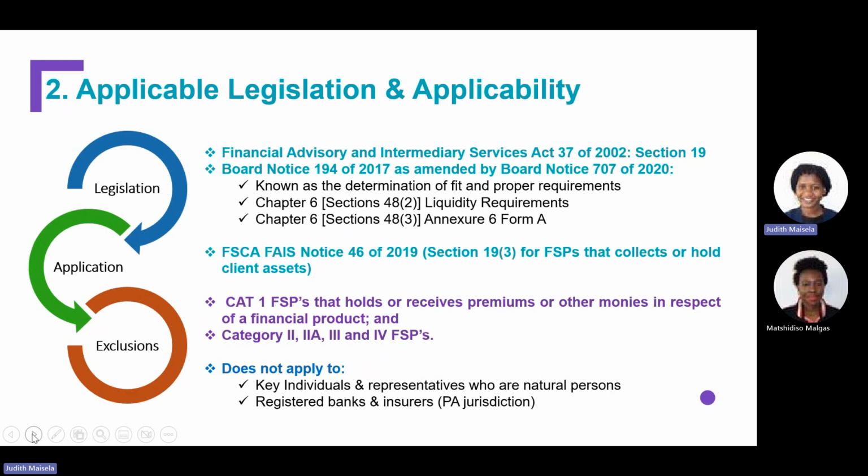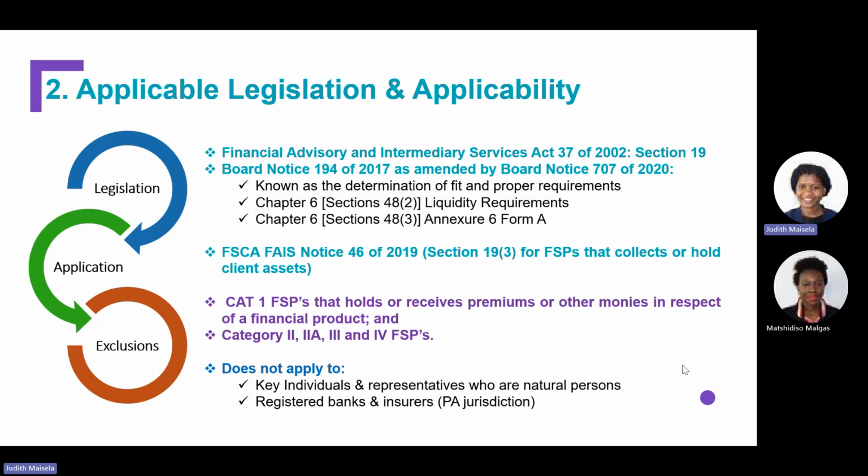So as a start, let's go into the applicable legislation and to whom the legislation that we are looking into today applies. We will be looking into the Financial Advisory and Intermediary Services Act 37 of 2002, and particularly into Section 19 of the Act. We'll also be looking into the Board Notice 194 of 2017 as amended by the Board Notice 707 of 2020.